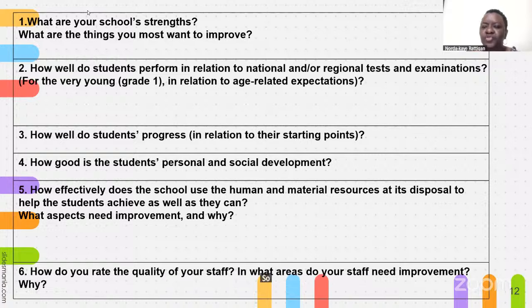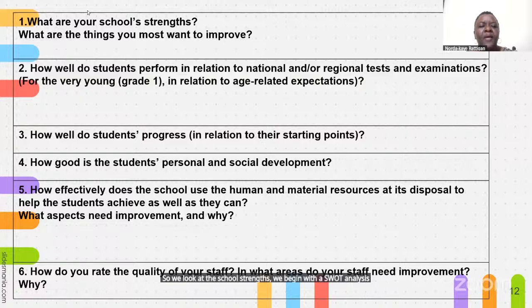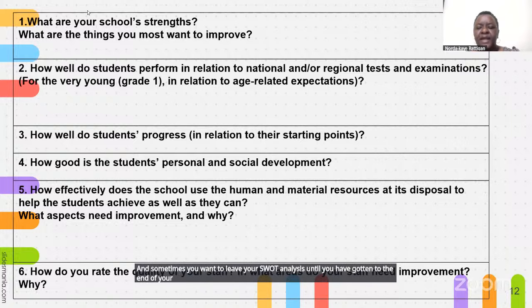So we look at the school strengths. We begin with a SWOT analysis of the school. And sometimes you want to leave your SWOT analysis until you have gotten to the end of your SSE, so that you will have sound proof.